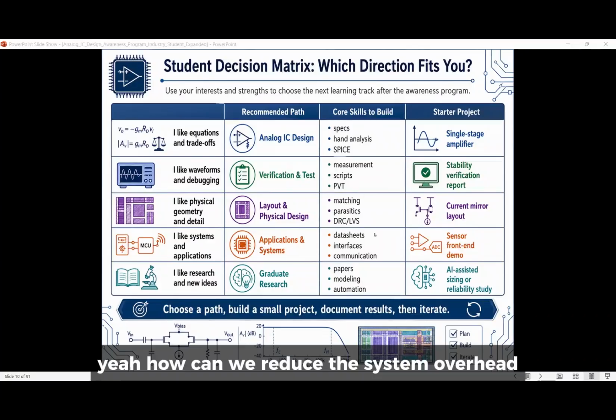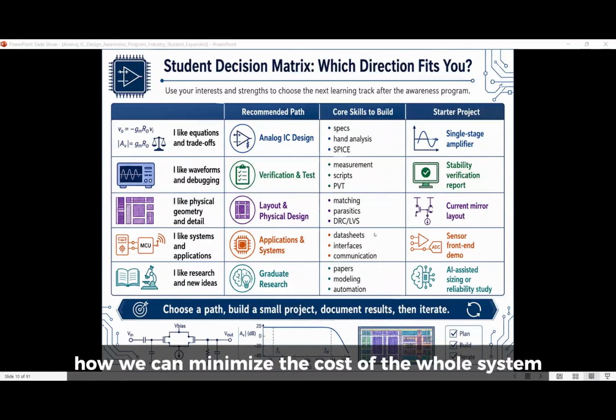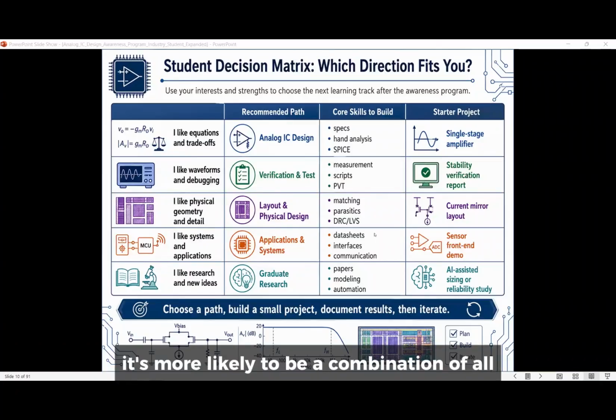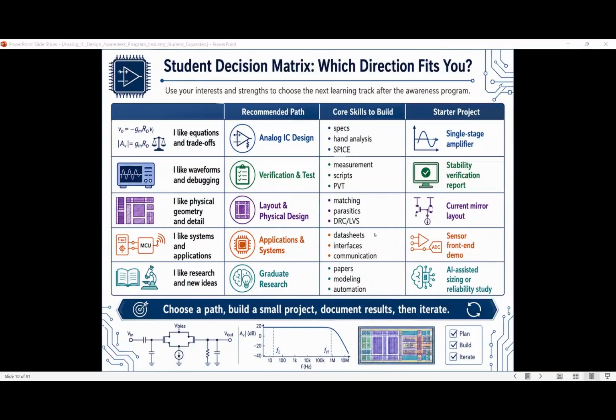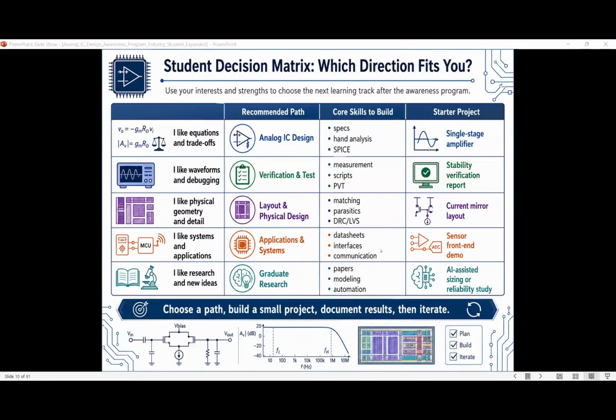How can we reduce system overhead, like power consumption or heat, and minimize the cost of the whole system? So it's more like a combination of all the building blocks together, a systematic project.